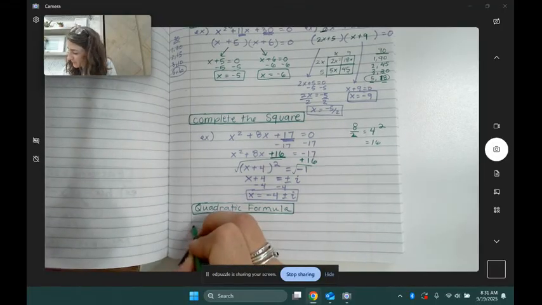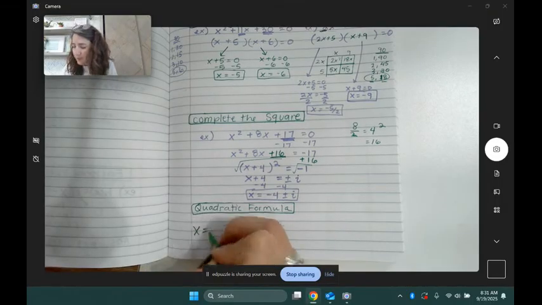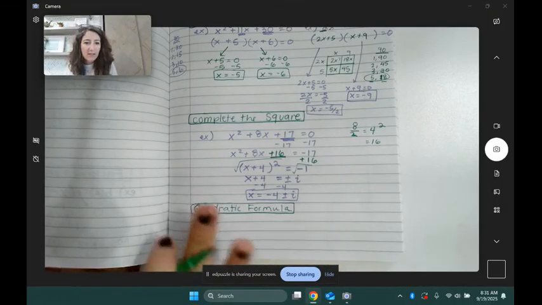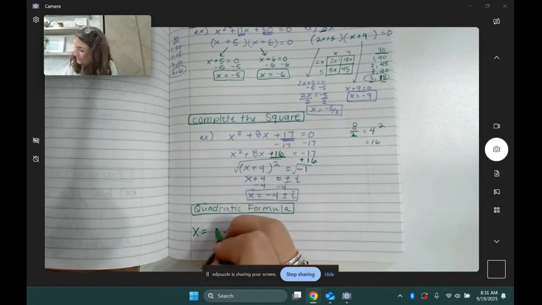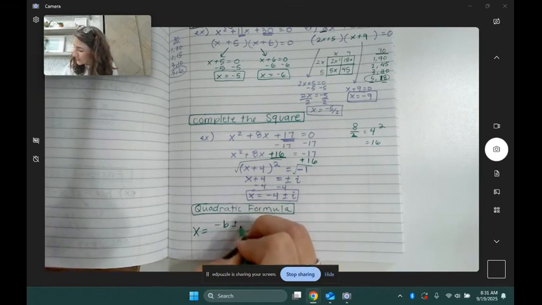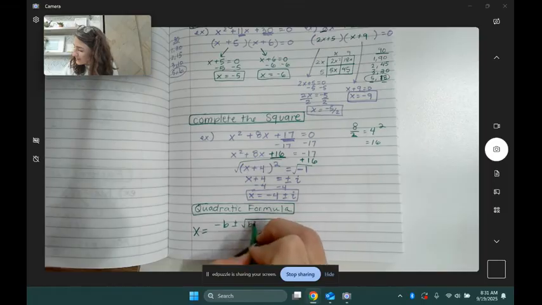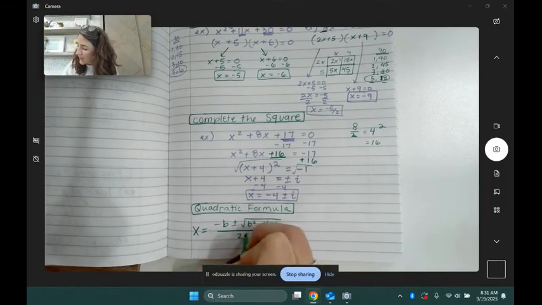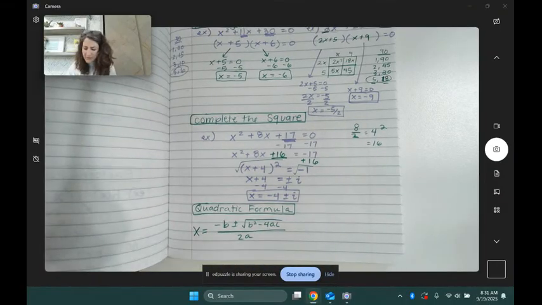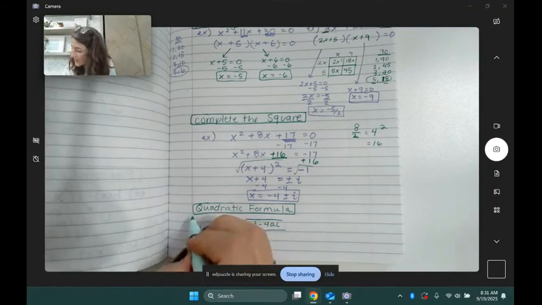Here's the formula. You'll never really have to memorize it, but I want you to have it nicely written down. And it goes with the song. X equals negative b plus or minus the square root of b squared minus 4ac all over 2a. Hopefully this is something you have seen before.